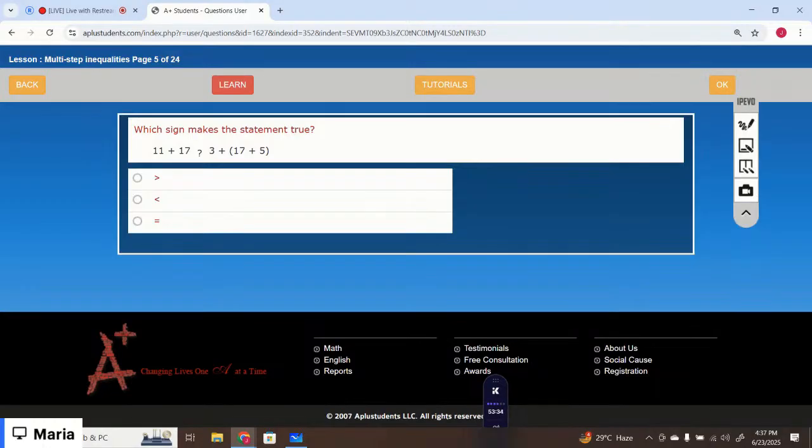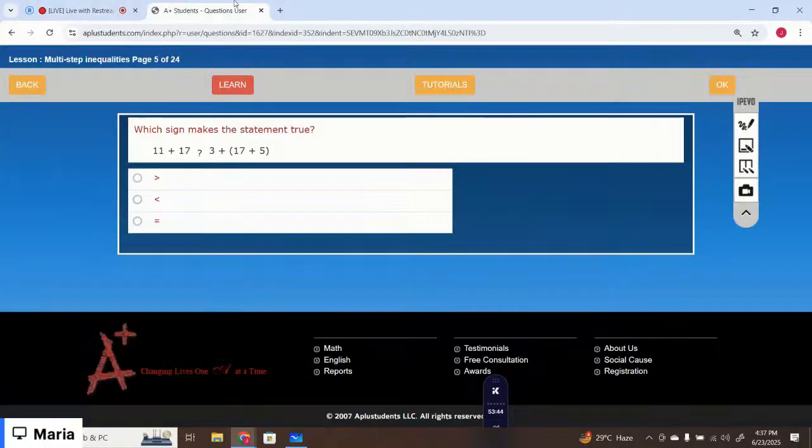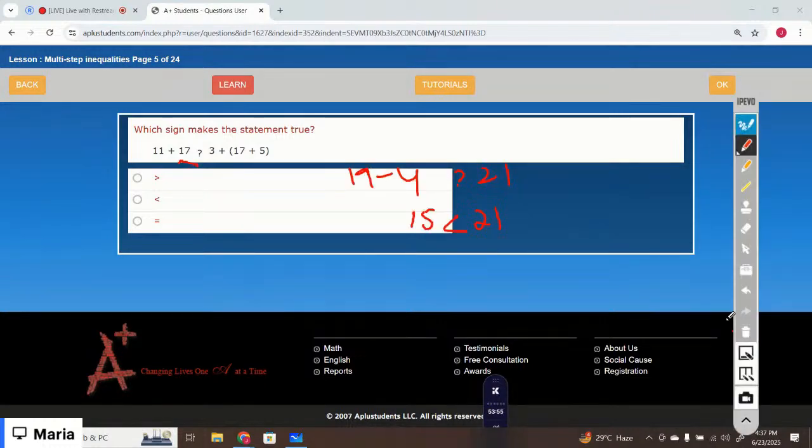Which sign makes the statement true? 11 plus 17 is 28, and 17 plus 5 is 22.